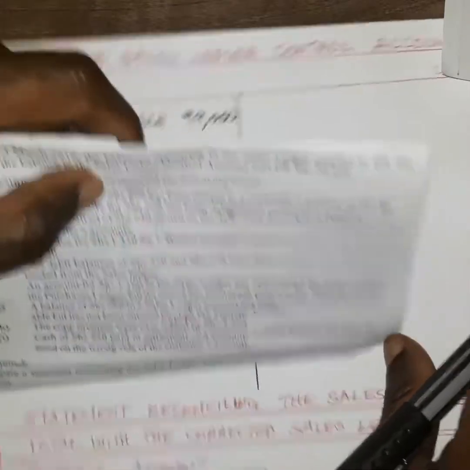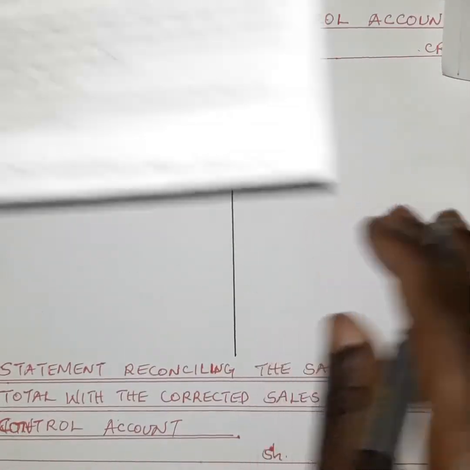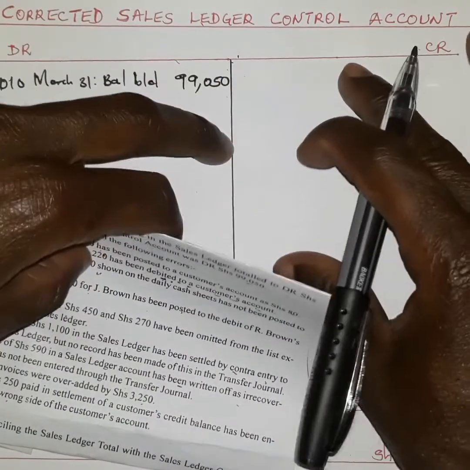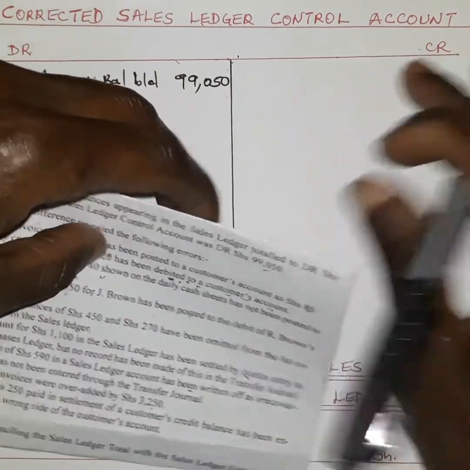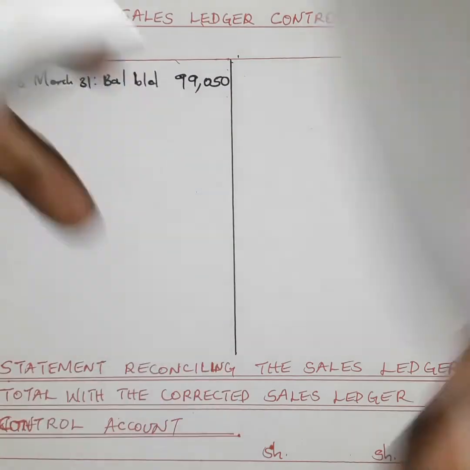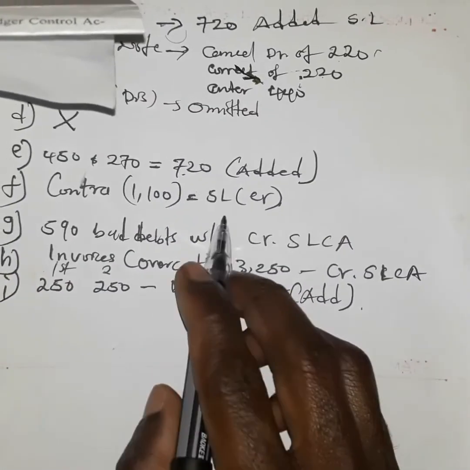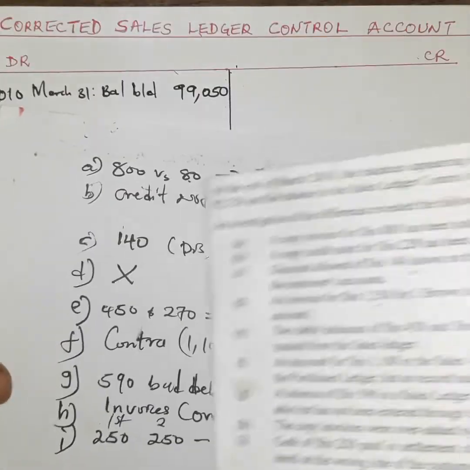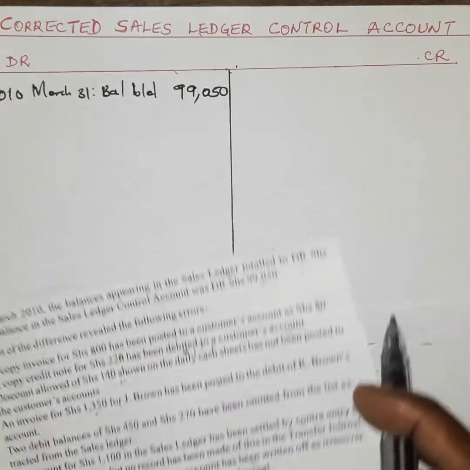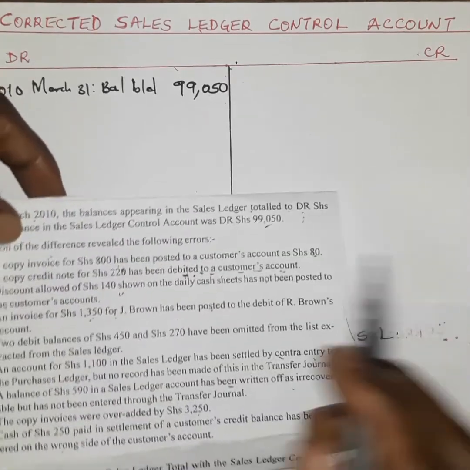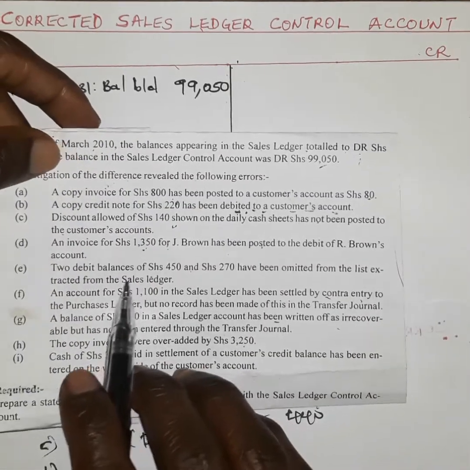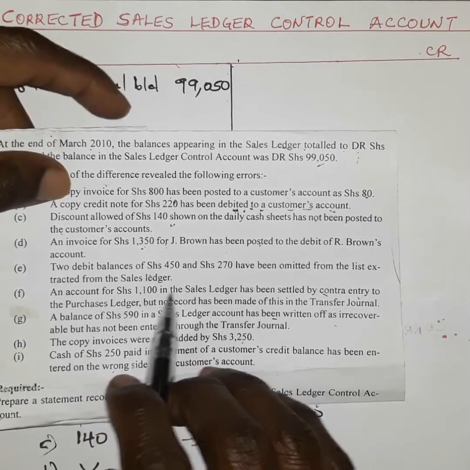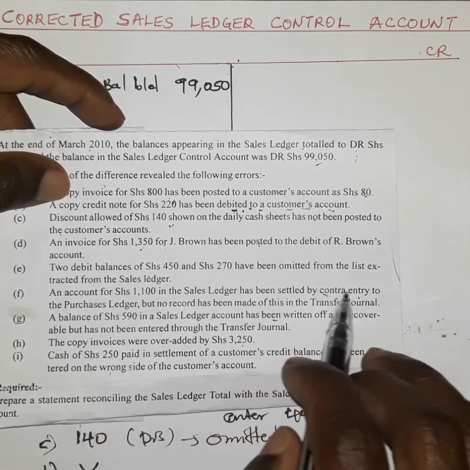And then we're supposed to show those transfer entries which were supposed to reduce this account but were not reflected. And as I said, the first one is supposed to be the contra entry which was made on 31st. That one should be on an account for 1,100 in the sales ledger has been settled by contra entry.